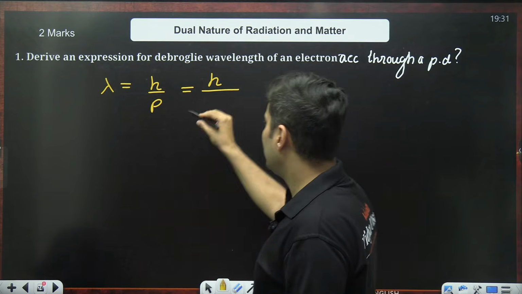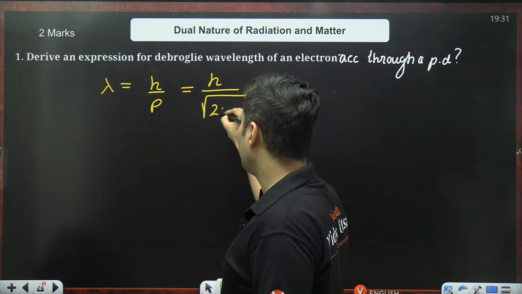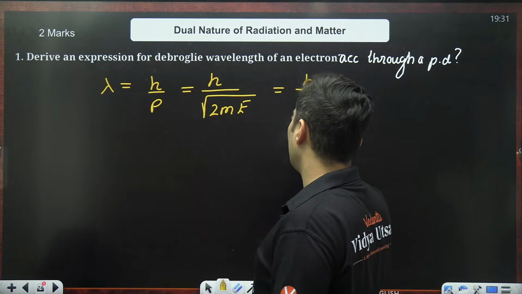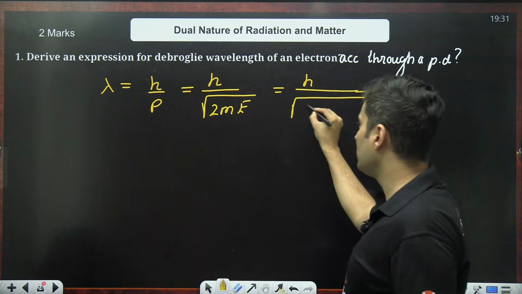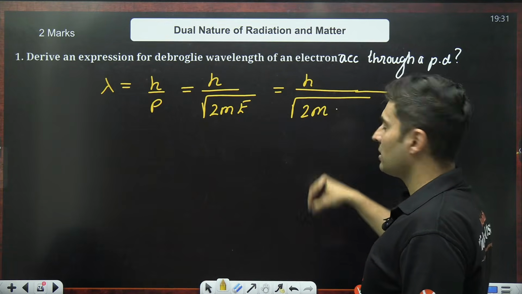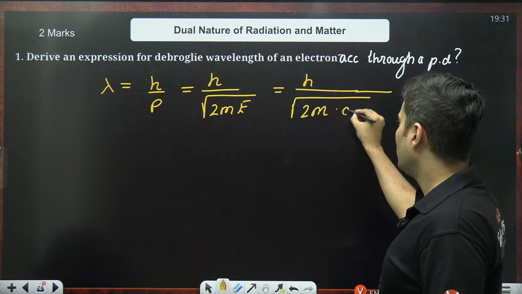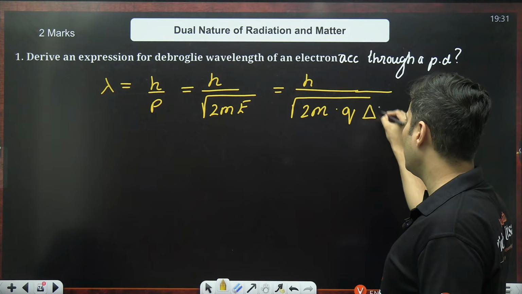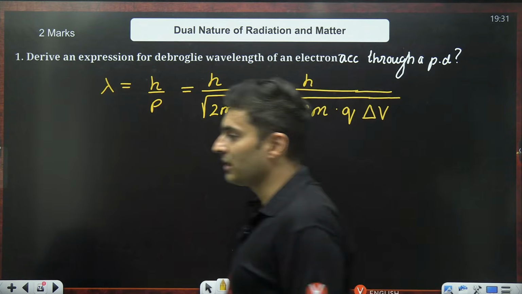So here that momentum is root of 2 times m times energy, and that energy, my dear warriors, is the kinetic energy which will come from electrical potential energy difference. So charge multiplied by voltage, that is what you will write.